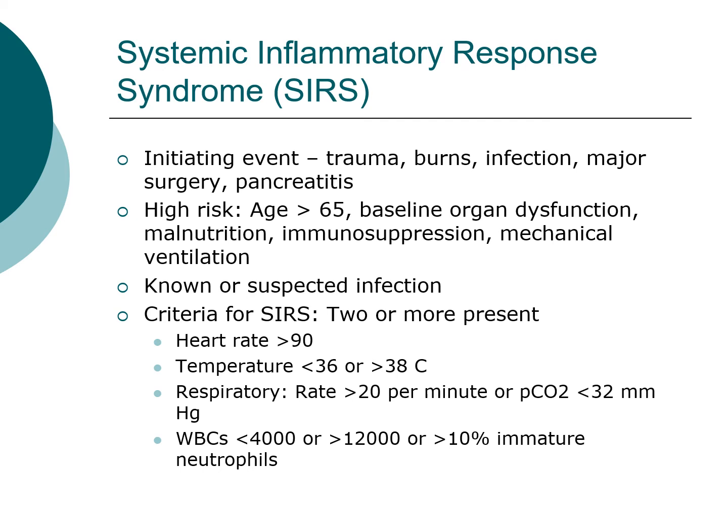Then the last one would be a low white count, which would indicate immune suppression, or an elevated white count, which indicates infection, or greater than 10% immature neutrophils.